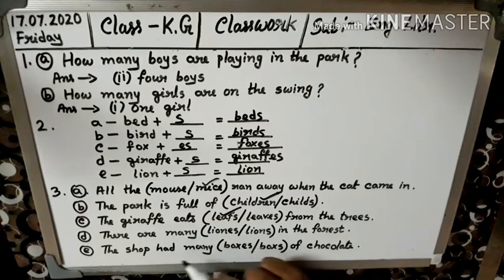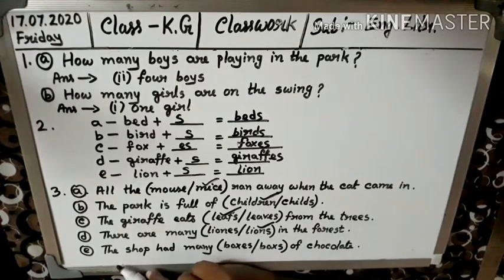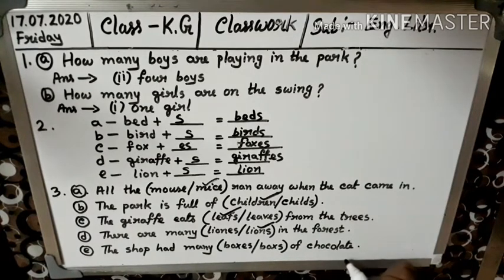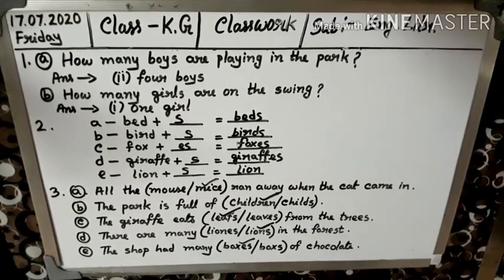So, add S, not ES, only S. E. The shop had many boxes of chocolate. So, add ES. Okay. So, you tick boxes.